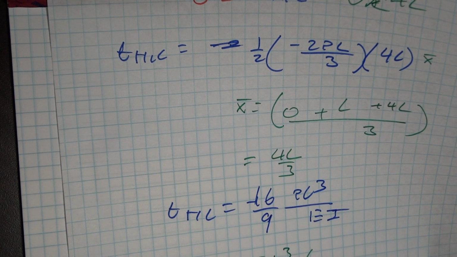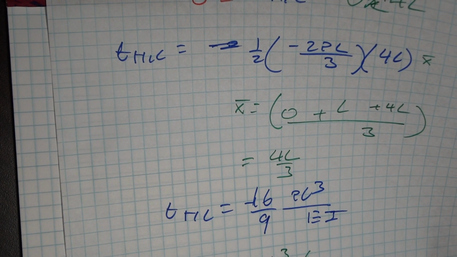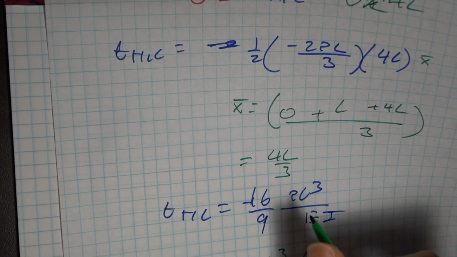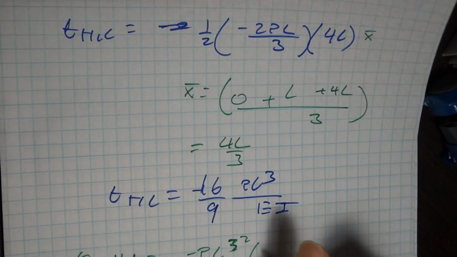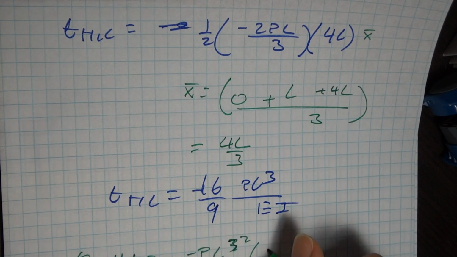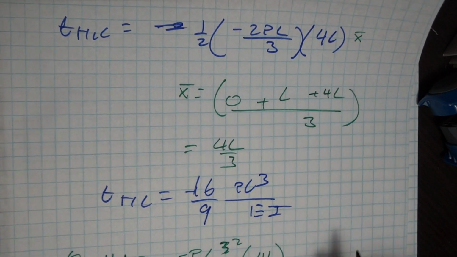And I'm just trying to double check something here because I don't think my units are making sense. Oh, sorry, this is PL squared. Okay, that makes more sense now. Times 4L.